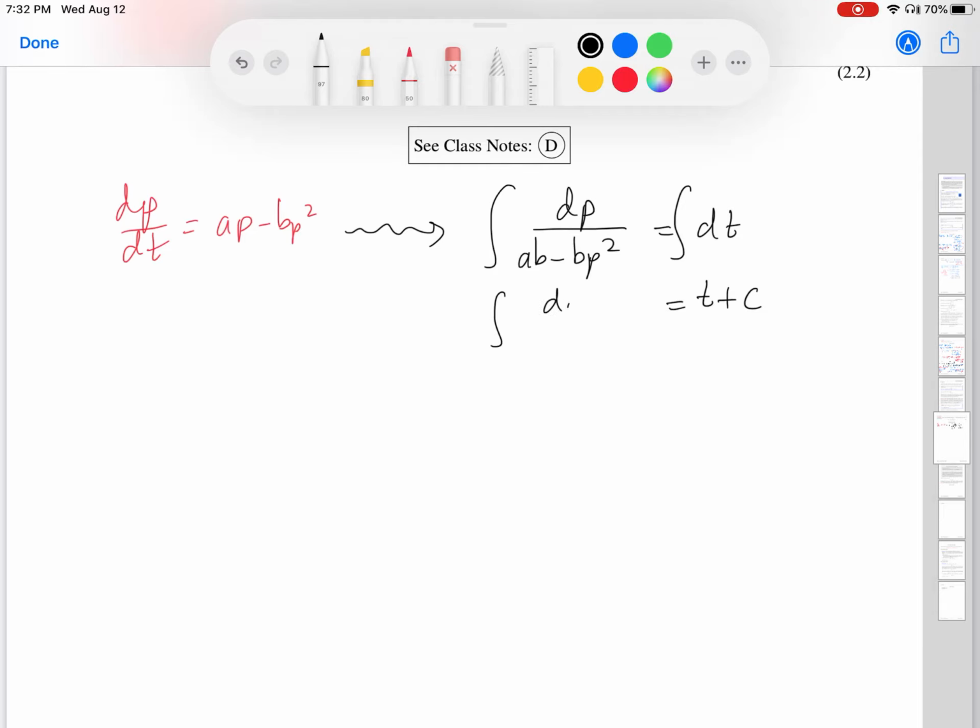We are left, though, thinking about what to do here on the left-hand side. This is one of those instances where if you try substitution, it won't work out. The integration by parts technique is also not going to work out. The reason is that what we have to do is partial fractions. So it needs partial fractions.